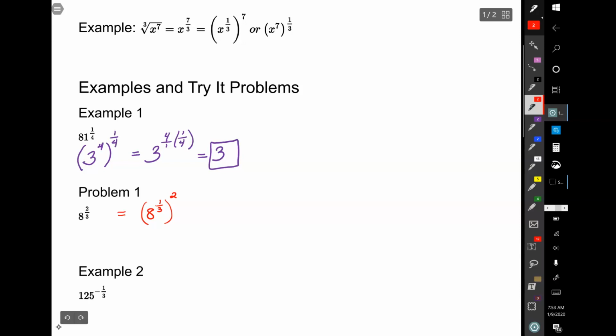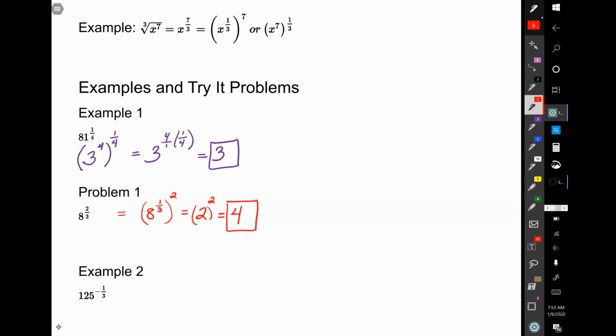And then we can figure out 8 to the 1/3 would be equivalent to 2, because it's the same thing as the cube root of 8. 2 times 2 times 2 would give us 8. And then we write our squared. So we have 2 squared, and that calculates out to 4. If you did it the other way around and did 8 squared to the 1/3, that would become the same answer. So 8 to the 2/3 equals 4.